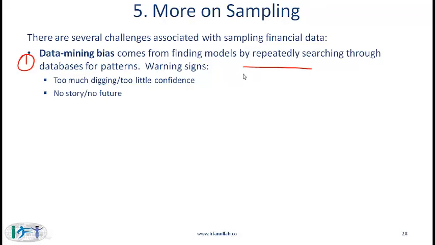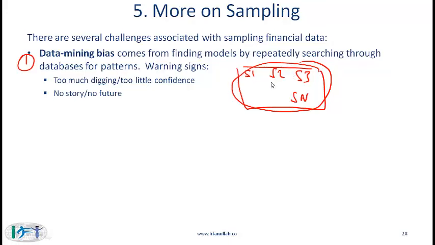Just to explain this, say you have a database that consists of several stocks and you want to identify the factors which have an impact on stock returns. If you simply keep digging through this database and you come up with certain factors which have a statistically significant relationship with stock returns, there is a chance that you will identify some factors purely by accident, or there is purely a statistical significance but no economic significance.